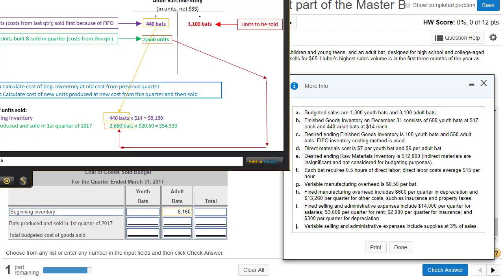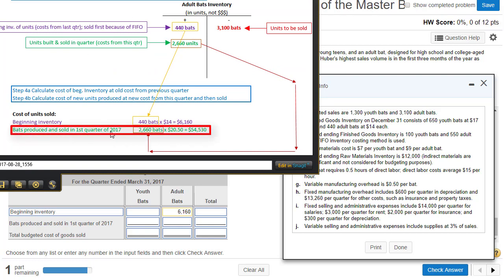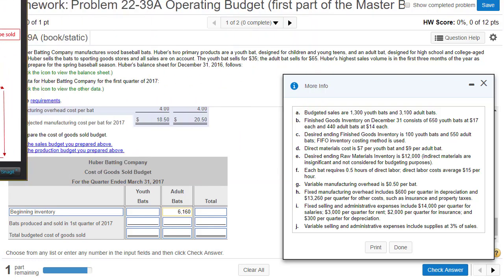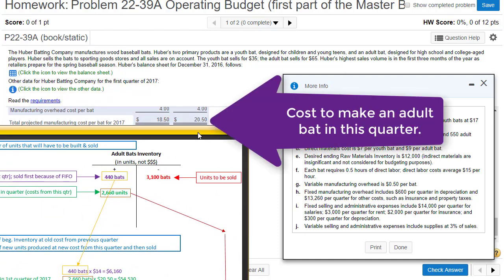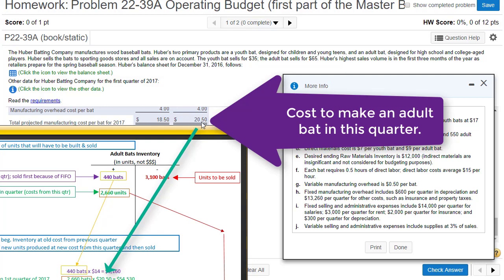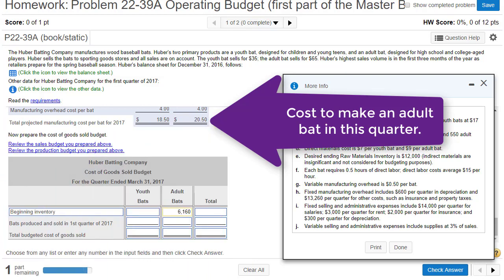Now going back to our screenshot, we got bats produced and sold in the first quarter. That's this line. How many bats did we have to build and then subsequently sell? 2,660, which we get from here. Just follow my arrows, okay? And then how much did these bats that were built this quarter cost? Well, this $20.50 comes from right here. And what does this mean?